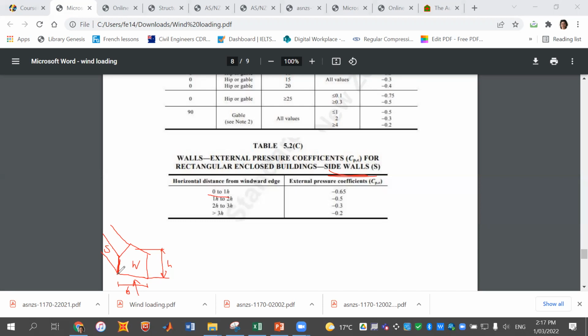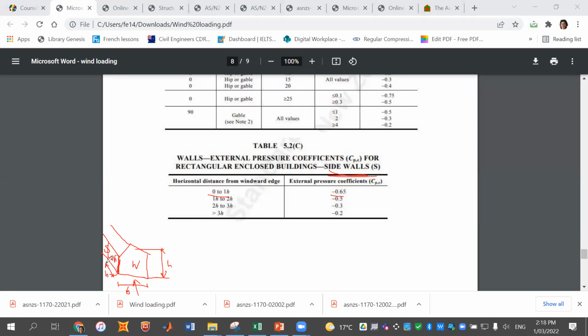So from 0, which is here, to H, this part of your side wall gets minus 0.65.